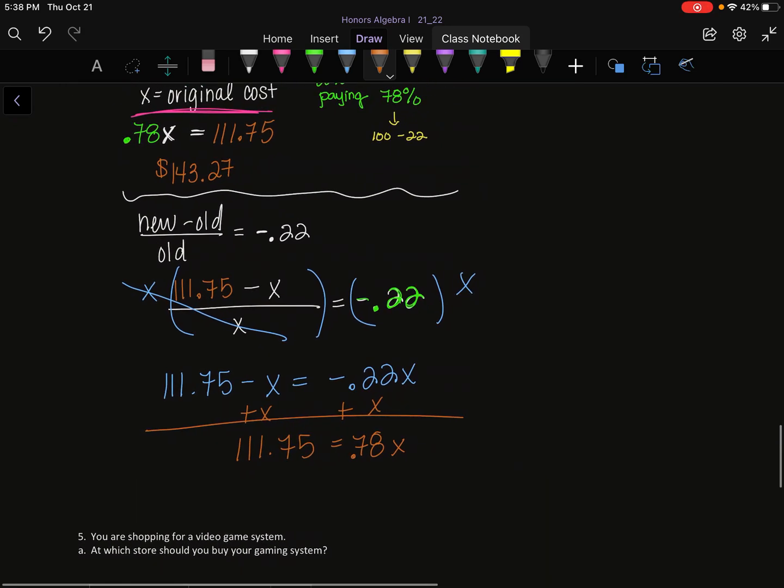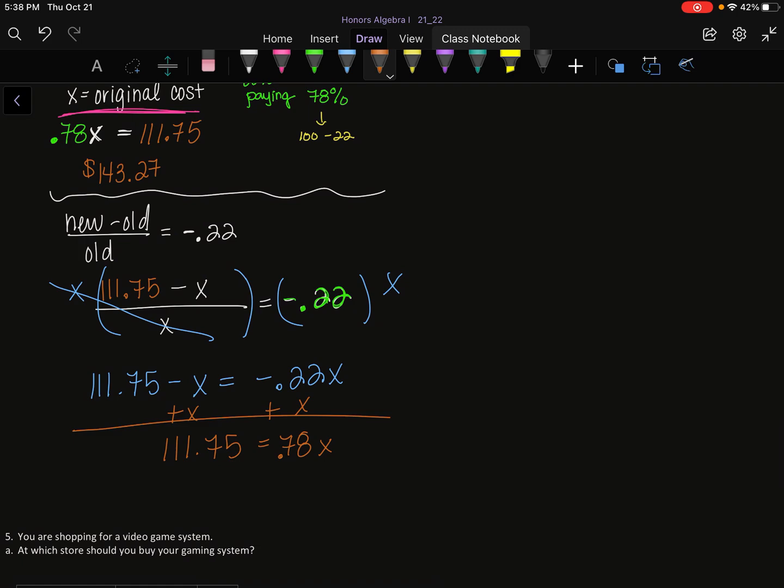Then divide, which, if you notice, is the same thing we had up here. So X is equal to, a pair of jeans costs about $143.27.